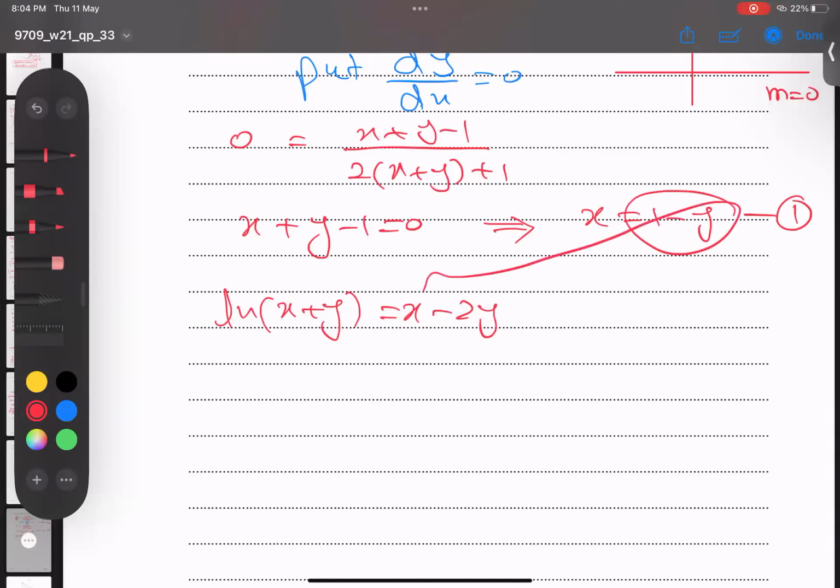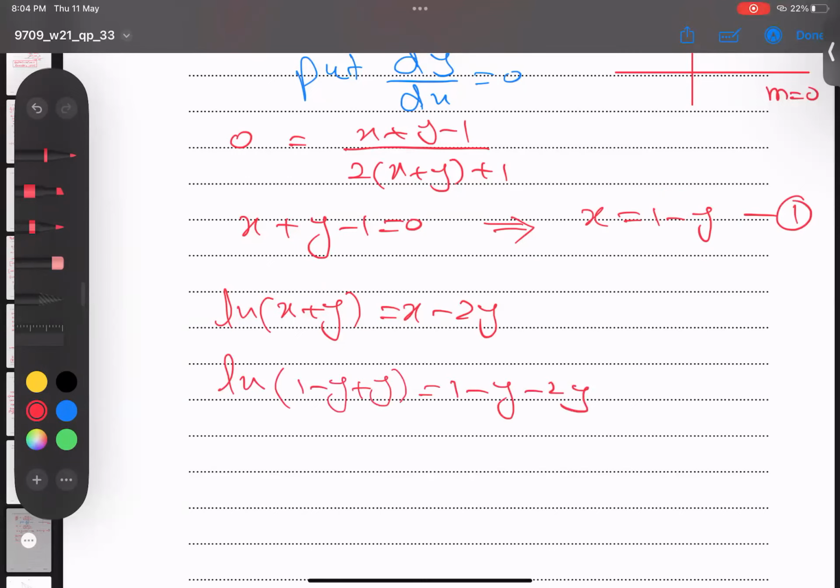This I am putting in our actual equation. When I replace inside, I get log of 1 minus y plus y, equals 1 minus y minus 2y.